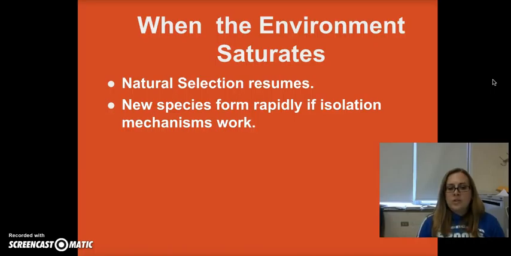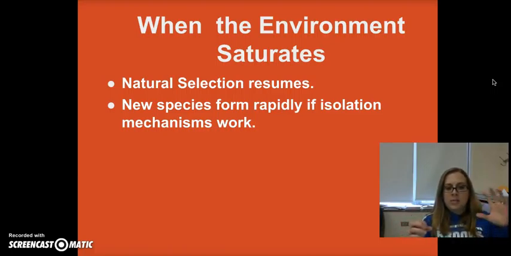And now new species are going to form rapidly if the isolation mechanisms work, meaning that if you have this huge population that's really diverse because they had infinite resources for a period of time, but now you start to run out of resources, natural selection is going to pick the winners or the fittest in the population.